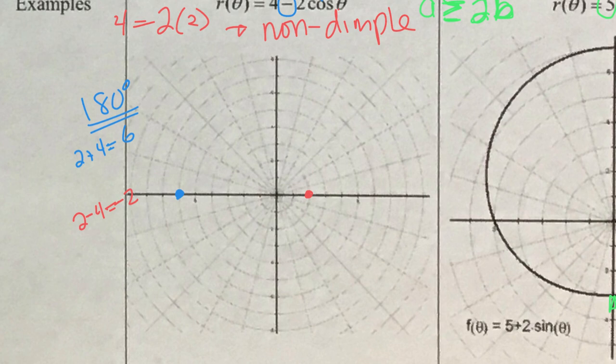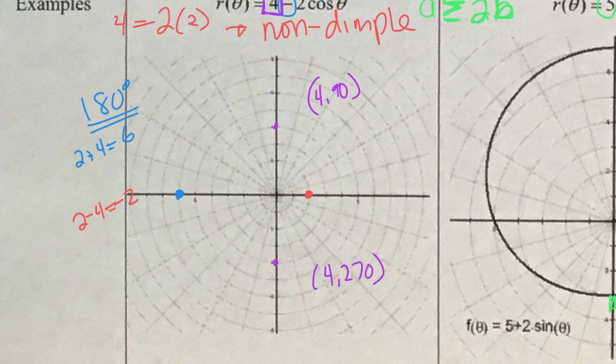So the 180 is our pole, so it goes towards the 0. And now it crosses your y-axis at 4 and 4. So we have 4 at 90 as one intercept, and we have 4 at 270 as the other intercept.